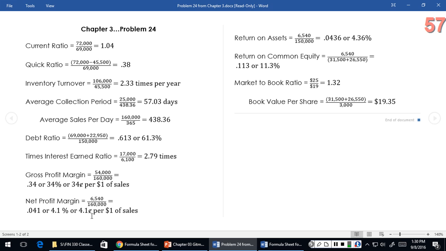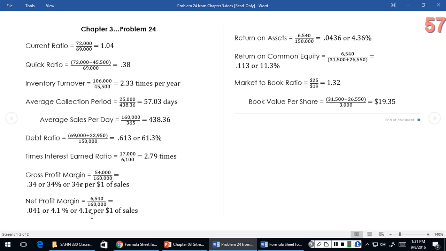4 cents, 4.1 cents. Now again, that may not sound like a lot, but it depends on the type of industry you're in. If you're in a volume industry, you make your money on selling lots of dollars' worth of stuff and making that 4.1 cents per dollar. If you're in an industry that sells fewer items, for example, if you're Boeing and you're making jetliners, among other things, you probably don't sell many jetliners every year.